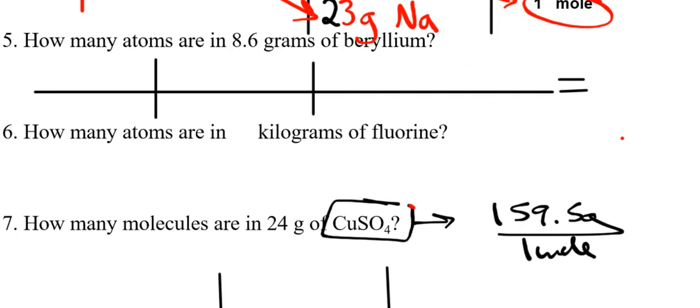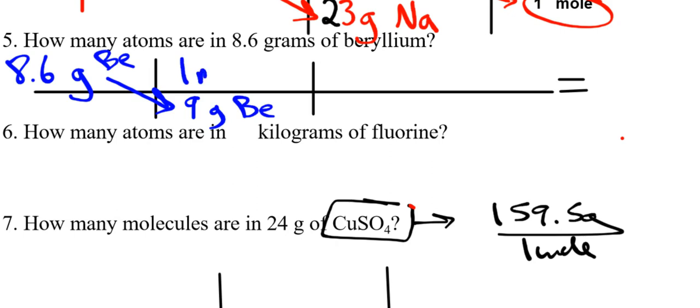So I'll quickly work through these. And once again, I'm not going to type them out as far as answers, but 8.6 grams, I need to get rid of that. That was of Be. So I look at the periodic table, and that's 9 grams of Be for every 1 mole of Be. Then this has to come down.